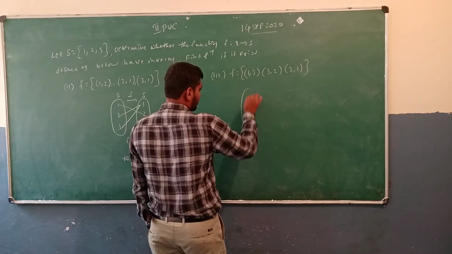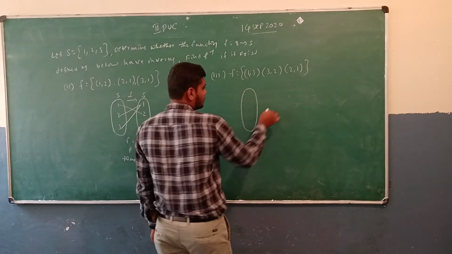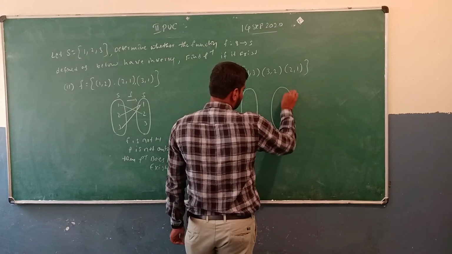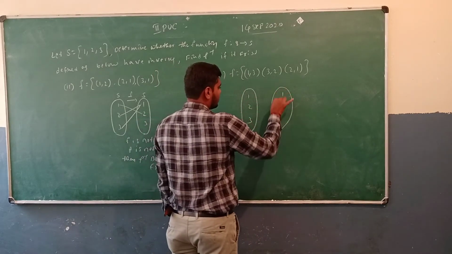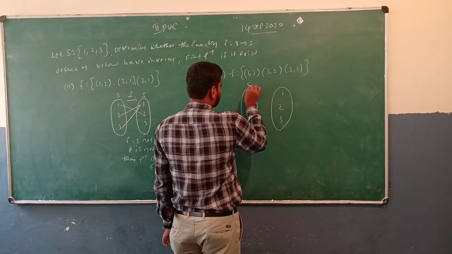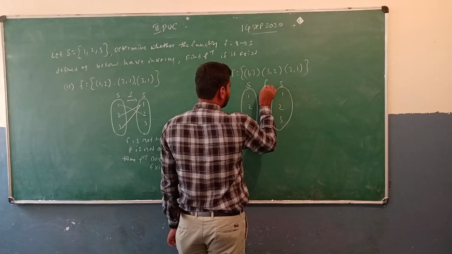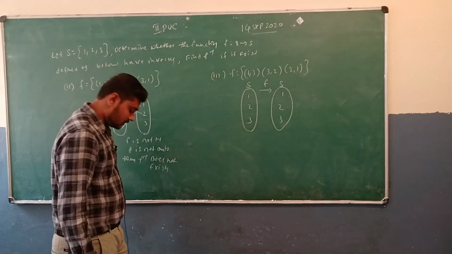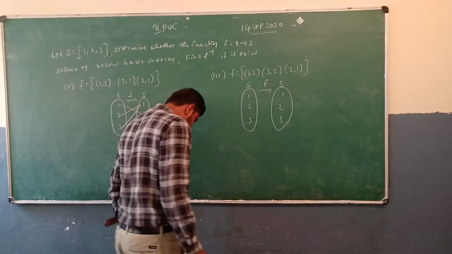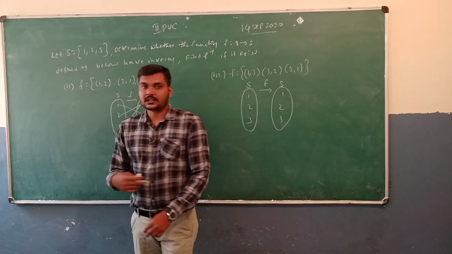I'm writing an arrow diagram to analyze things. Here 1, 2, 3, here also 1, 2, 3. So this is going to be set S and this is going to be set S, and the function is defined from S to S. Now look at what is happening in the function, pay attention.